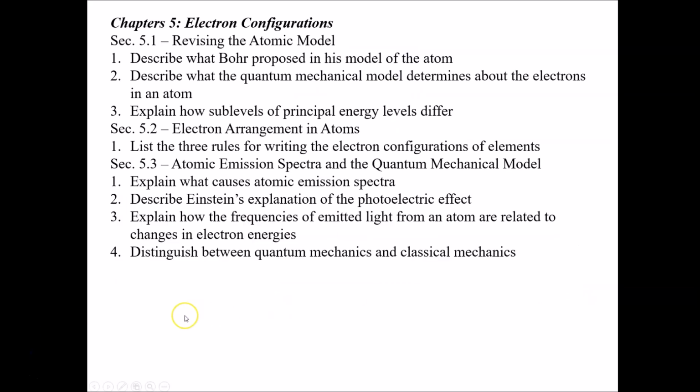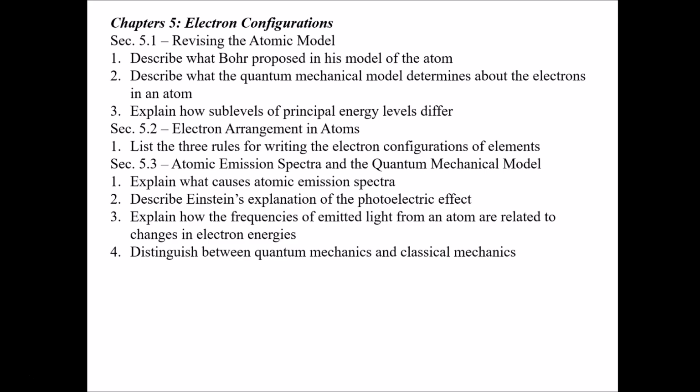So in chapter 5, we've got 3 sections, right? Each section has a series of things that you should be able to do. So these are the objectives for this chapter. So by the time we get to the test on chapter 5, there should be a way for you to understand the different models of the atom. So we're going to go over different models of the atom.